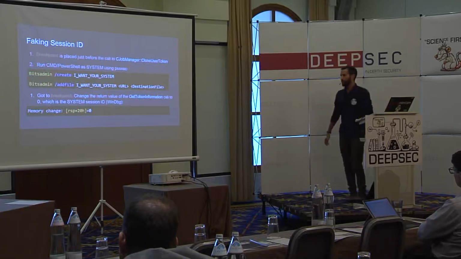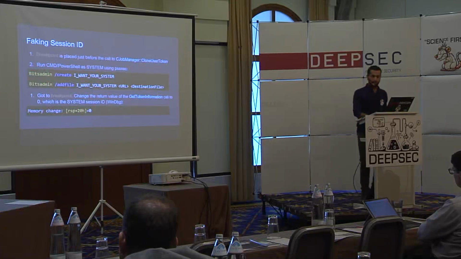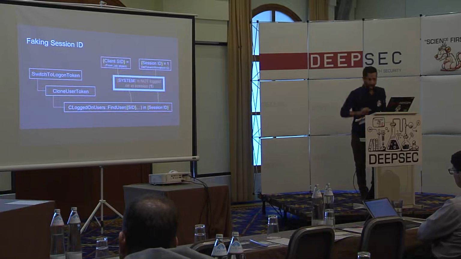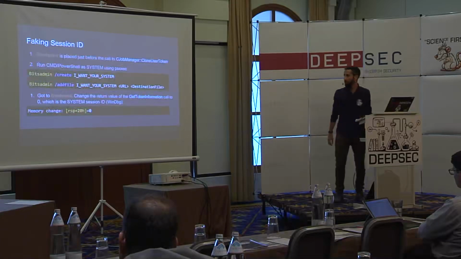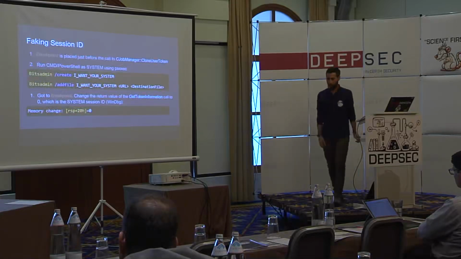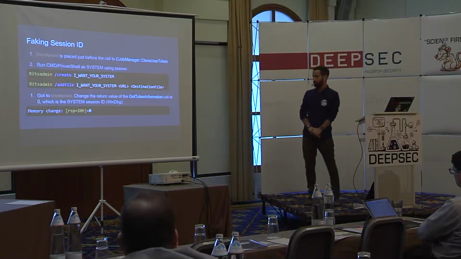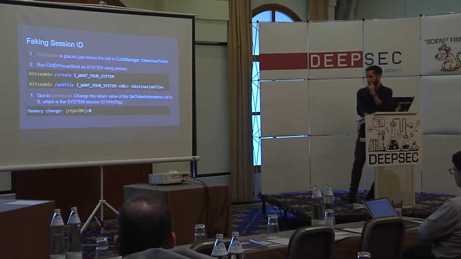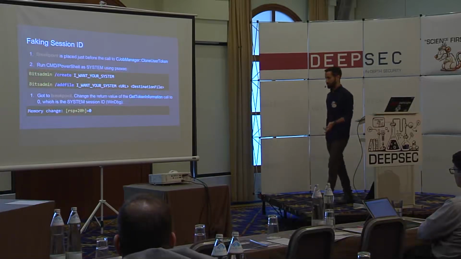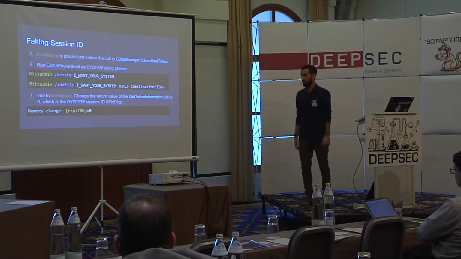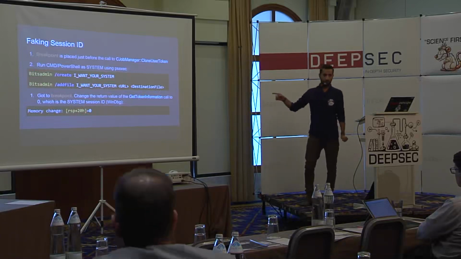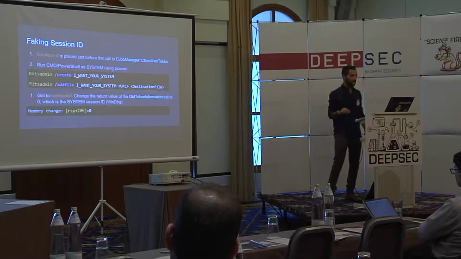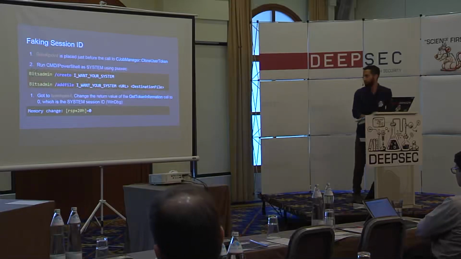So how do we fake it? We put a breakpoint just before the call to CloneUserToken, which is the second line, and did just the same thing with BITSinject. We use BITSinject to call BITSadmin with system rights, and we add a job, add a file definition to it, and when we try to add a file definition, we get to the breakpoint just before we get to the exception that we saw before.